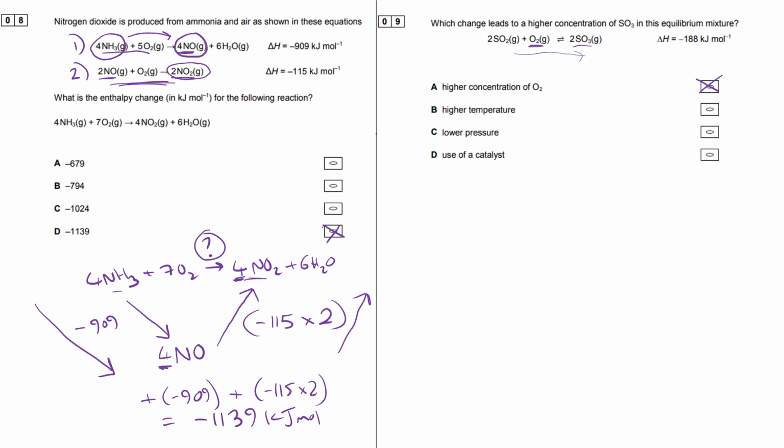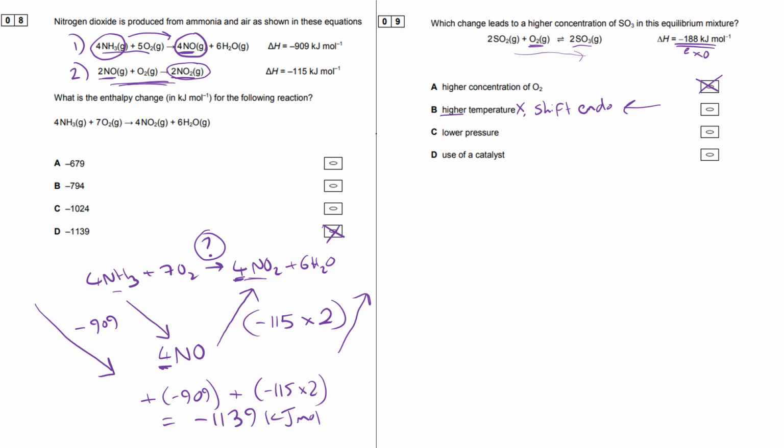So if you were to have a higher temperature, equilibrium is going to shift in the endothermic direction. The forward reaction is exothermic. So a higher temperature is going to shift it in the endothermic direction and make less sulfur trioxide.